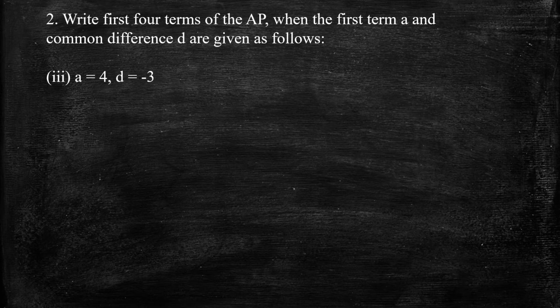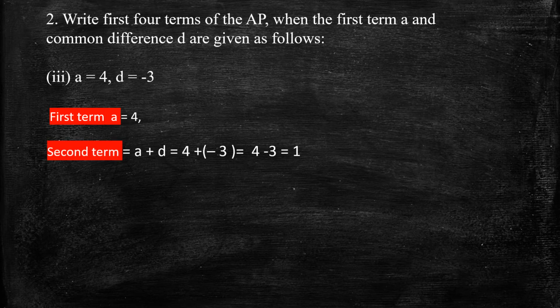The third sum, children. a is 4, d is minus 3. a is 4, that means the first term is 4. Second term will be first term plus common difference. First term is 4 plus common difference minus 3. So 4 plus of minus 3 becomes 4 minus 3. So 4 minus 3 is 1. So the second term is 1. Okay. Third term will be second term plus the common difference. What is the second term? 1 plus the common difference minus 3.